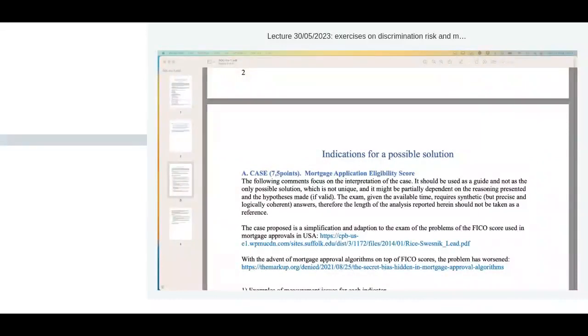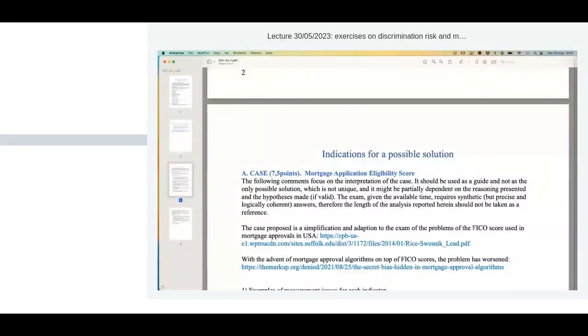The variables that you have seen in the exercise are part of the FICO scores used in the United States. Of course, they are a bit simplified and adapted to the content of the course, but they are basically the same. There are some problems with the FICO scores, especially about discrimination, but also about measurement.